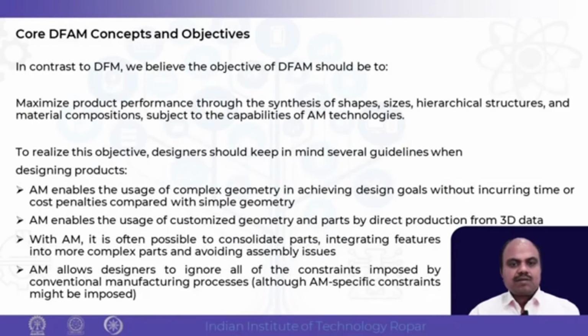Now, in contrast to DFM, that is design for manufacturing, with the normal design for manufacturing, we are actually making products, but in design for additive manufacturing, we are maximizing the product performance using synthesis of the shapes, sizes, hierarchical structure, and then subject to capabilities of AM manufacturing process.